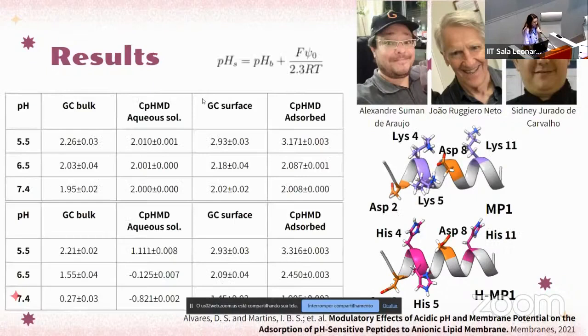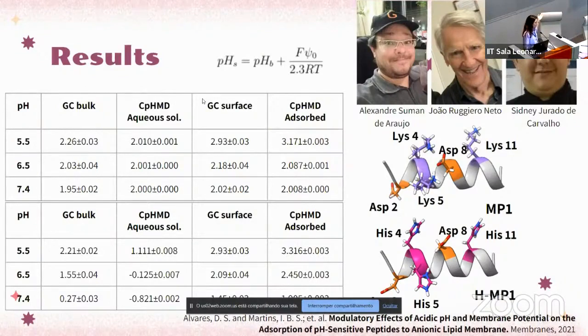We compared this with some Gouy-Chapman theory, a calculation that Professor João did to compare to our results. You can see that in bulk, we ran constant pH on the 3 pHs that we tried.